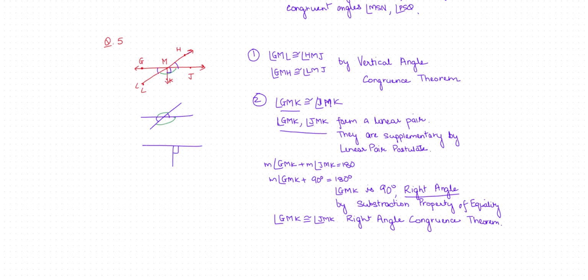And because this is already given 90 degree, KMJ or JMK is already given 90 degrees. So by subtraction property of equality, we also get GMK as 90 degree here. Since both are 90 degree, they both are right angles, and by right angle congruence theorem, we know that all right angles are congruent. So GMK is congruent to JMK.